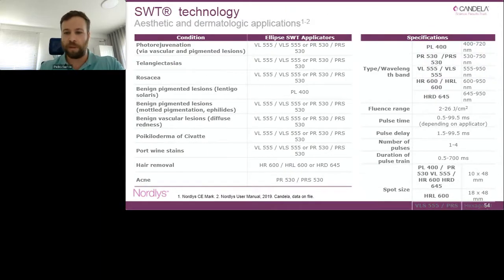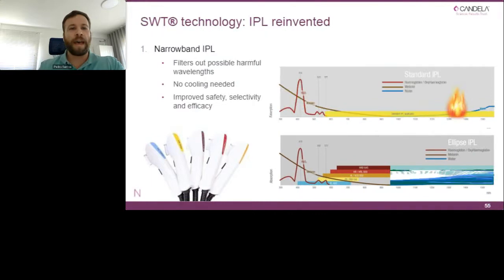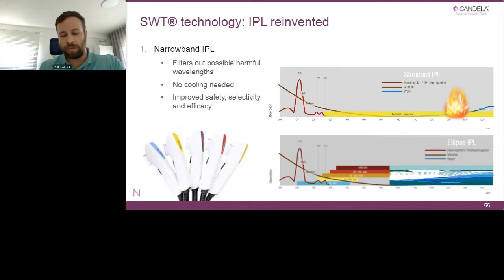This is just a summary of all the applicators. I would like to start by focusing on the band that the IPL uses.